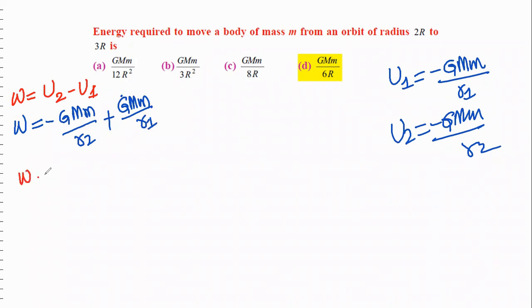So work done W is equal to minus G capital M small m divided by 3R plus G capital M small m divided by 2R.